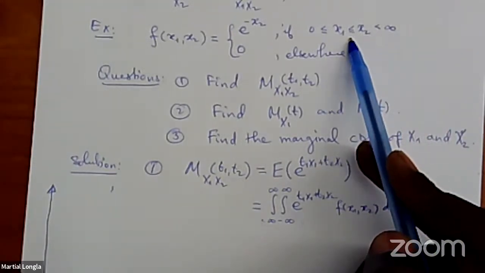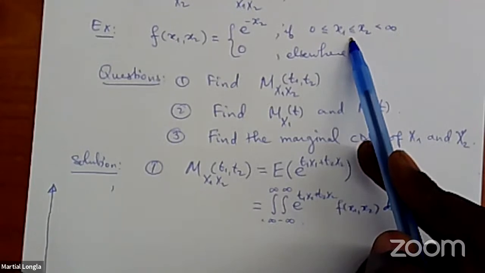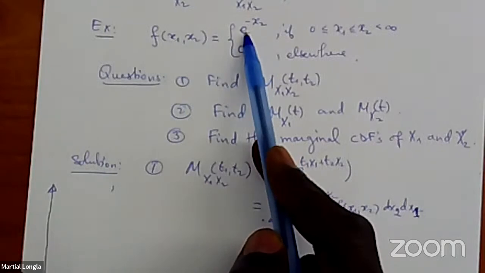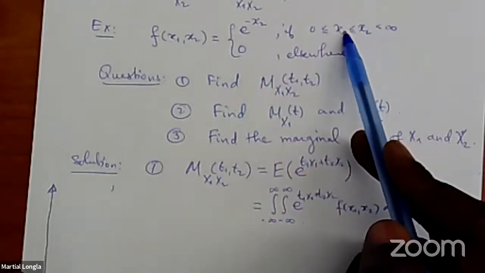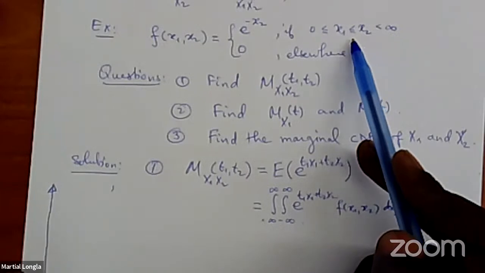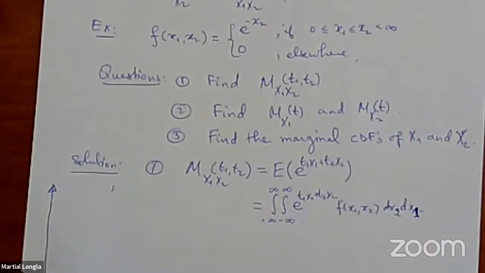X1 is less than X2. Whenever the PDF is equal to e to negative x2, x1 is less than x2. So in this range we need to remove everything where x2 is less than x1 and figure out how to put the boundary of integration here. That's what is going to help us. Okay.